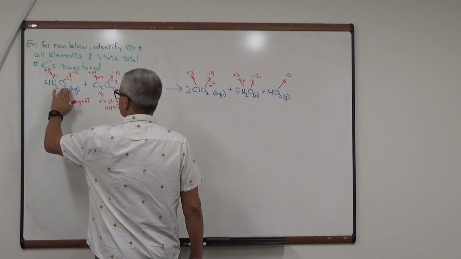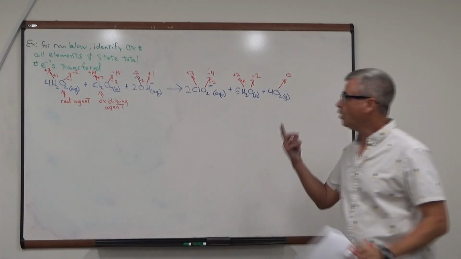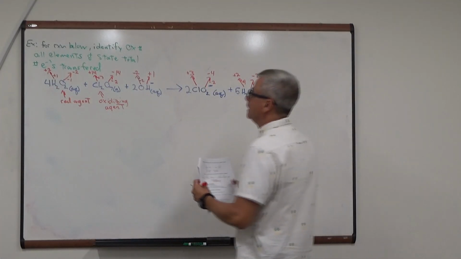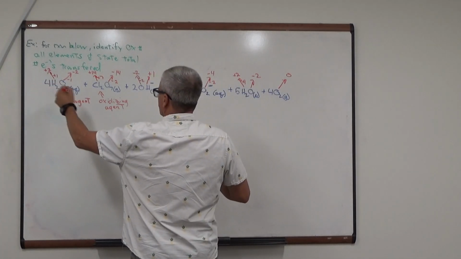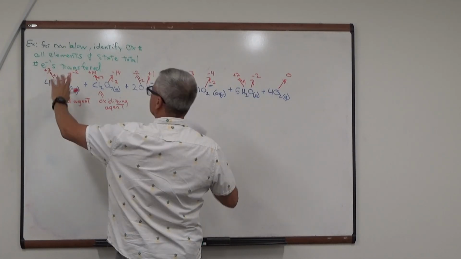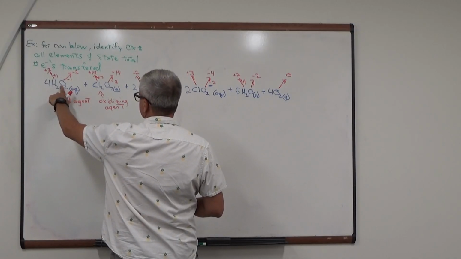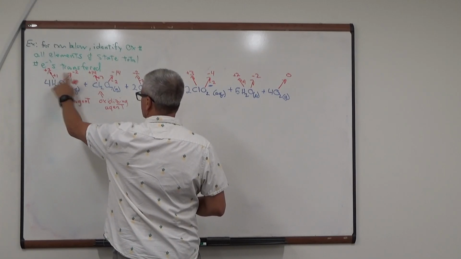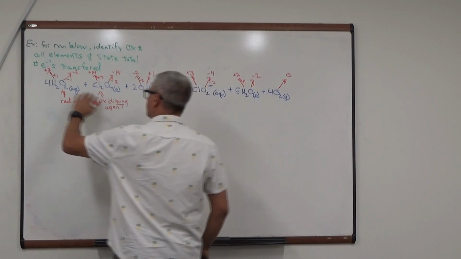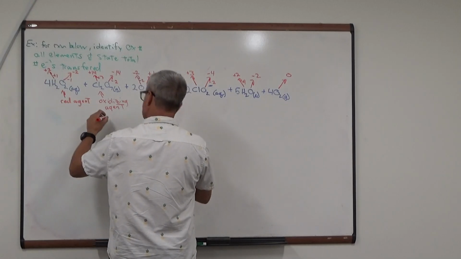So each one of these gave up 1 electron, right? Oh, I'm sorry, the O2, each one is -1, and so the pair of them gave up 2 electrons, times 4 hydrogen peroxide molecules.